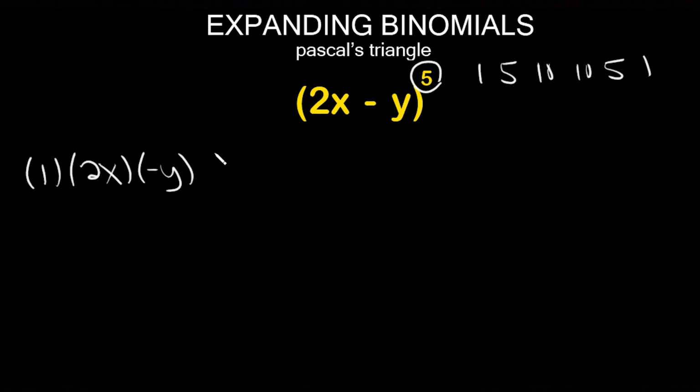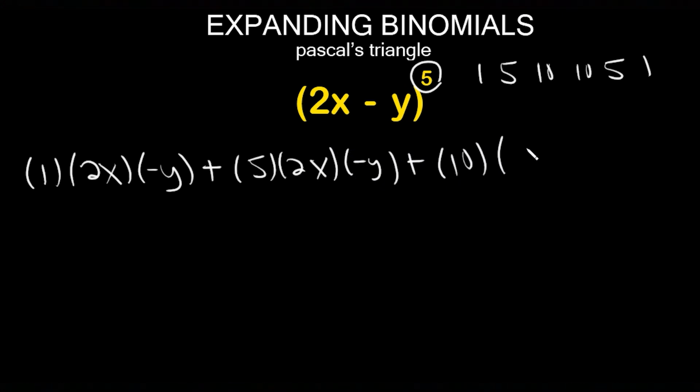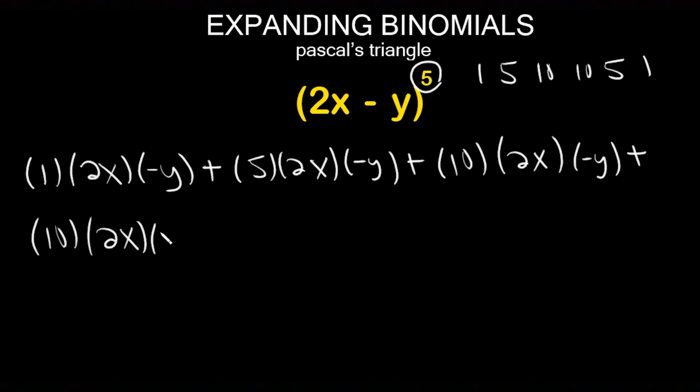And so again, I'm going to wait to the very end until I start filling in the actual exponent values, okay? Then I put plus, my next coefficient is 5, so I put 5, and then again, 2x minus y, and then plus, my next coefficient is 10, so 10 times 2x times the negative y, plus my next coefficient is also going to be 10, so 10, and then I have 2x, and then minus y.